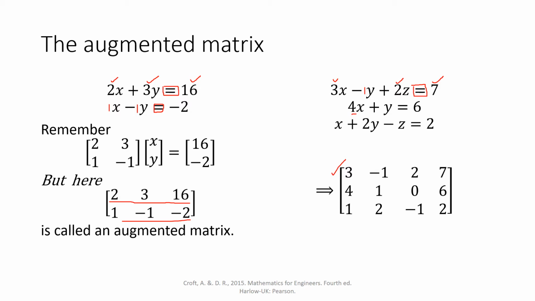Here 4, y doesn't have anything, so it will be 1, and at this position we write 0 for z, and then 6, 1, then 2, minus 1, and at the end 2. So this is the augmented matrix. The augmented matrix concept is simple.